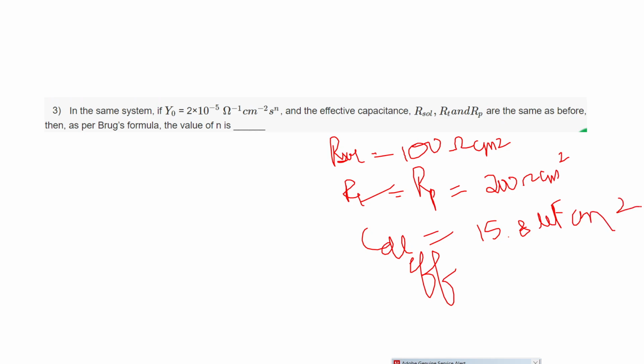As per Bragg's formula, you have to find the value of n. Okay, someone said it's 0.928.